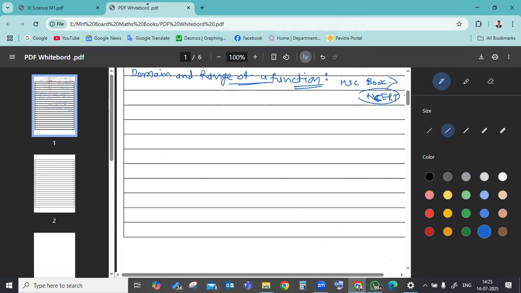See what functions are. Say f of x is equal to y, be a function. This is not the proper definition of a function, but it is just an understanding of what the domain of a function is, what the range of the function is.